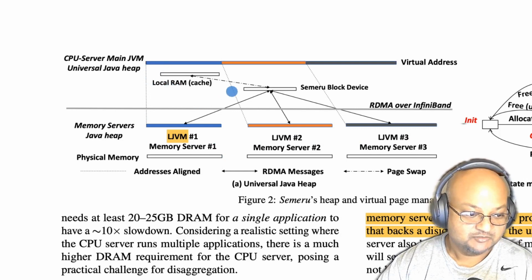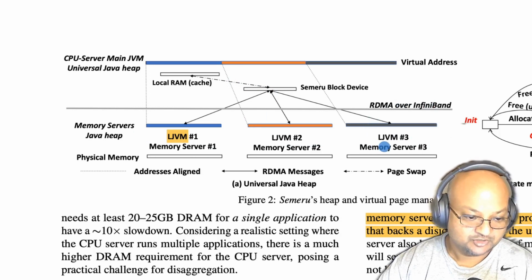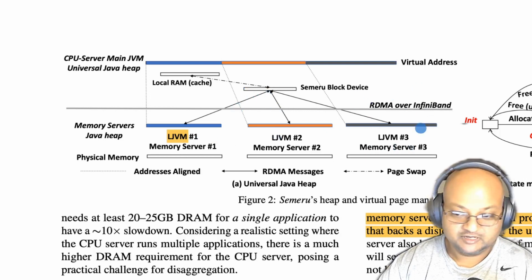You have some local RAM on the CPU server, which they refer to as the cache, but they still map this contiguous virtual address space on the CPU server out to the separate address spaces of each of the 3 separate memory servers. The communication of reading and writing to this remote memory is happening on RDMA over InfiniBand.